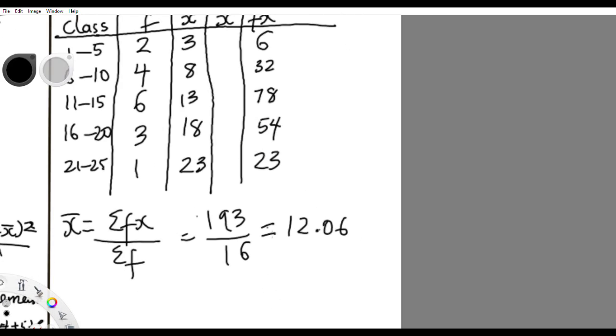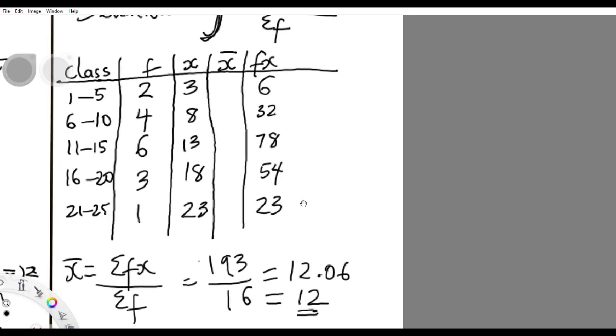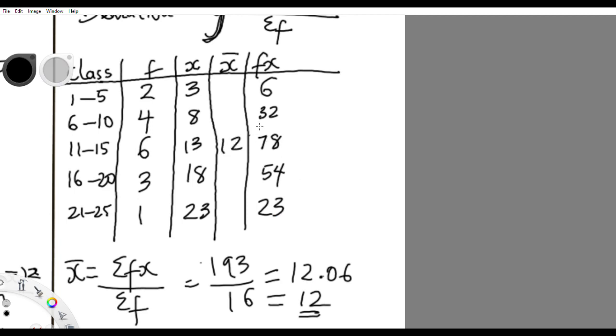And in order to make our life very easy, let's just make it 12. So I put it there, 12. Now we need to get x minus x bar.